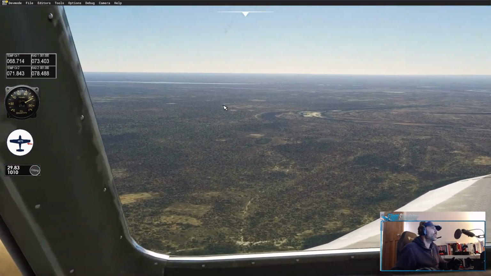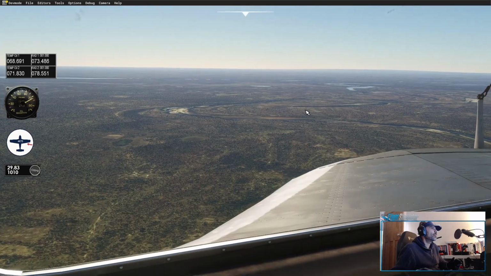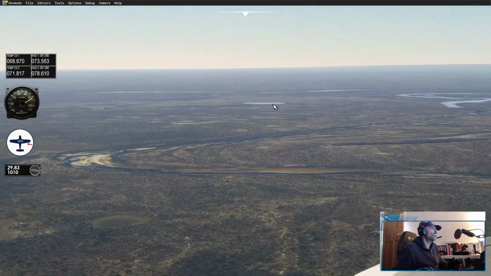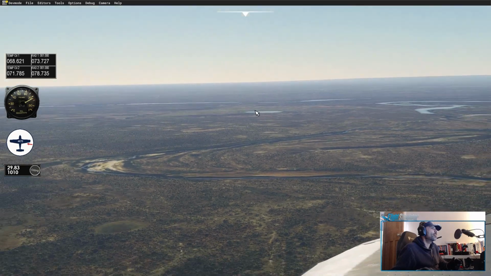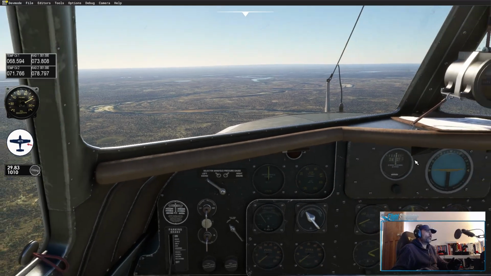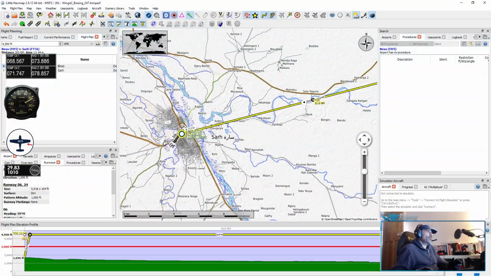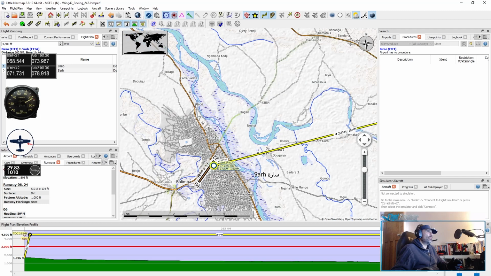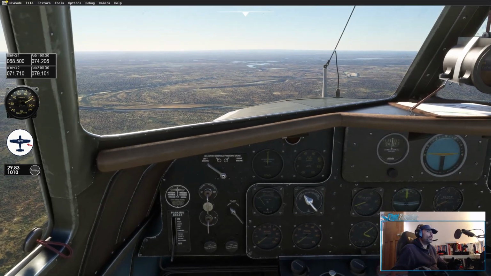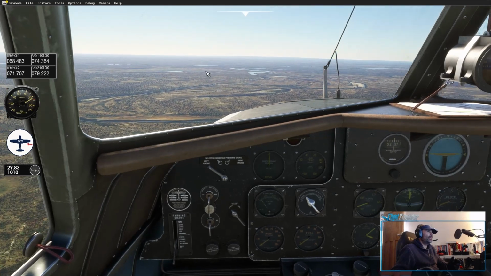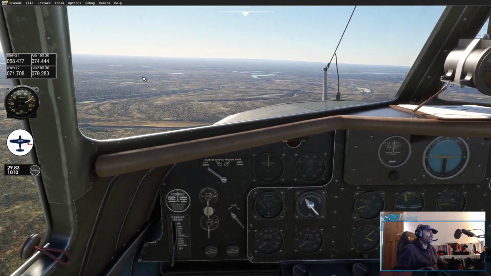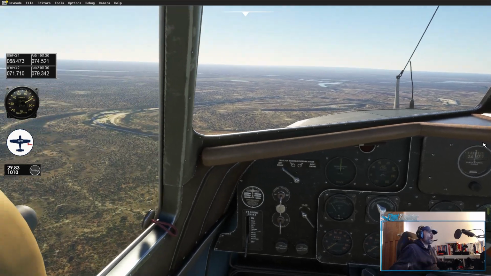Oh, that's another lake. Could be the side of that river, I think. Yep, it's on the other side of the river. This lake in isolation is this one. I go in between the river and the lake here. Cross this somewhere here.